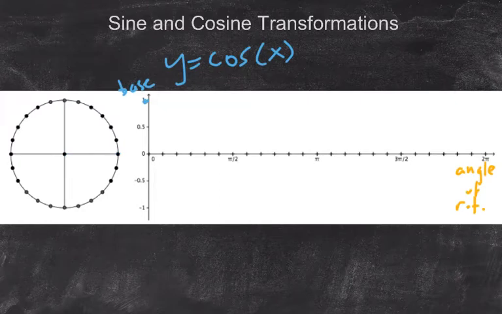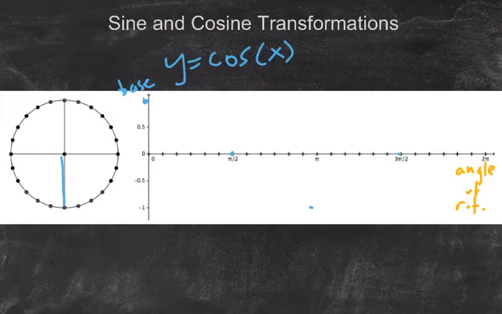When I rotate 90 degrees, or pi over 2 radians, that's a straight line, right? So the base is 0. There's no triangle drawn in there. When I rotate pi radians, I've got a base length of -1. 3 pi over 2 radians, or 270 degrees, has a base of 0.